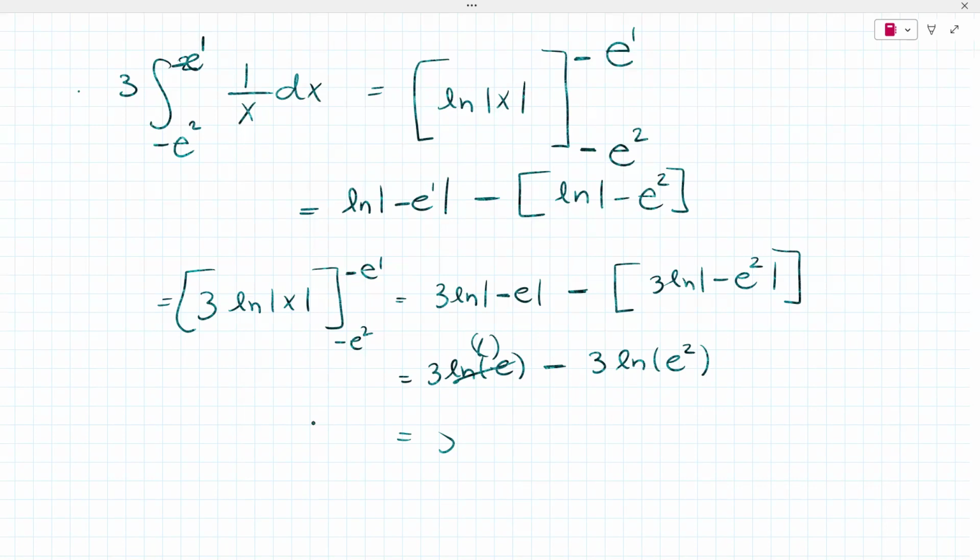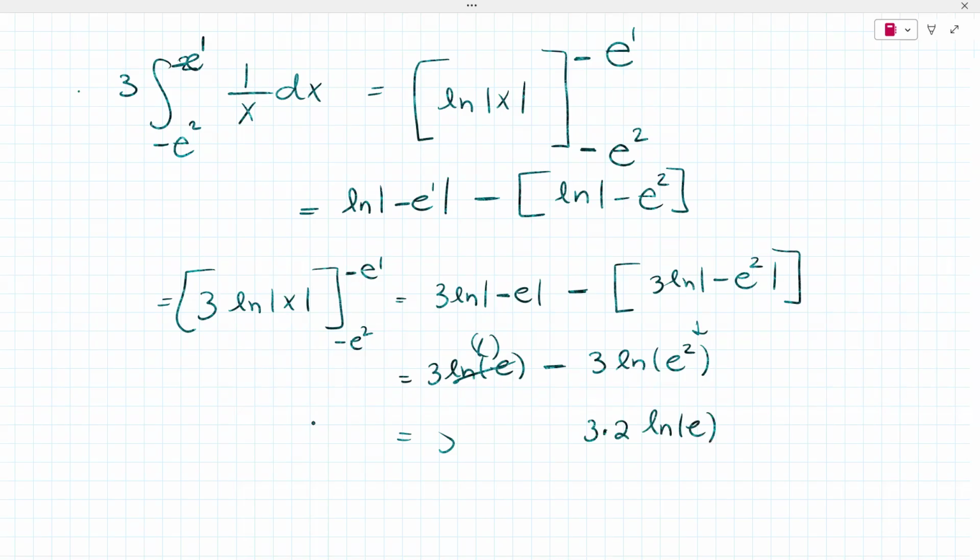Now, what about here? We have a 3 ln of e squared. We can't just cancel it because of this 2. Well, what do we do when we have a power when we're trying to expand? We put it in front of the natural log. So it would be 2, and then you still have this 3, and then ln e.